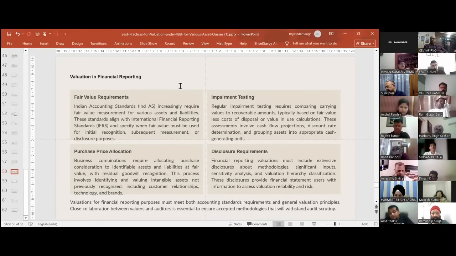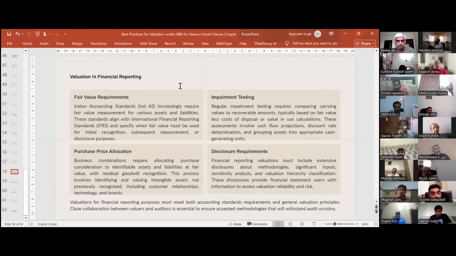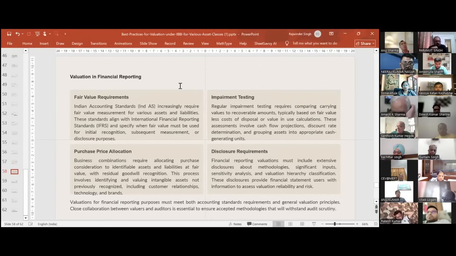Next is valuation in financial reporting. For financial reporting, you may have to do the valuation for fair value requirements, impairment testing, purchase price allocation, or disclosure requirements.